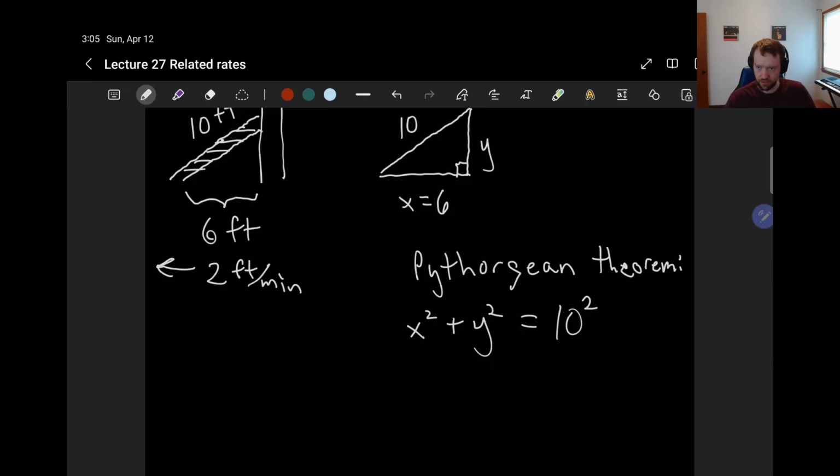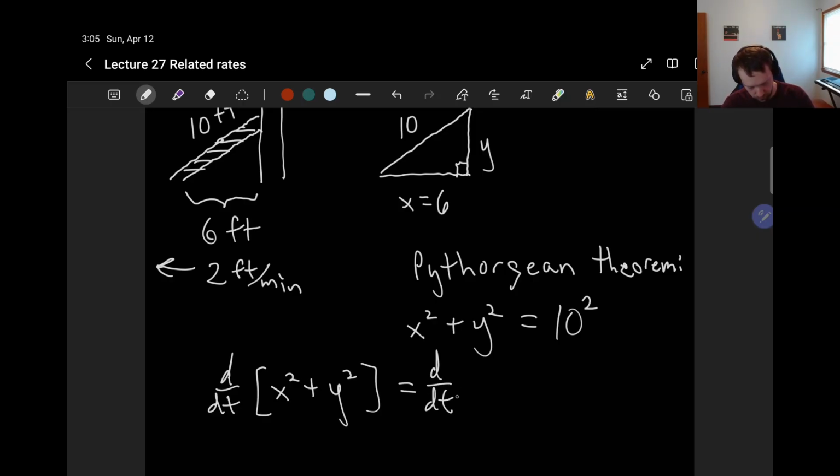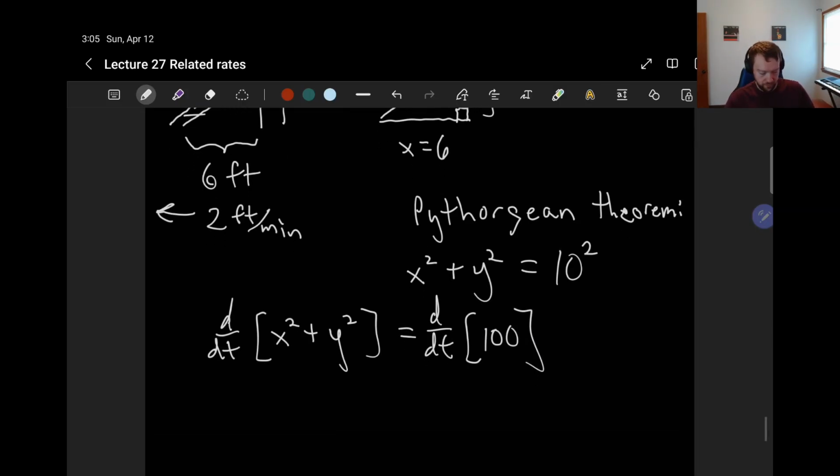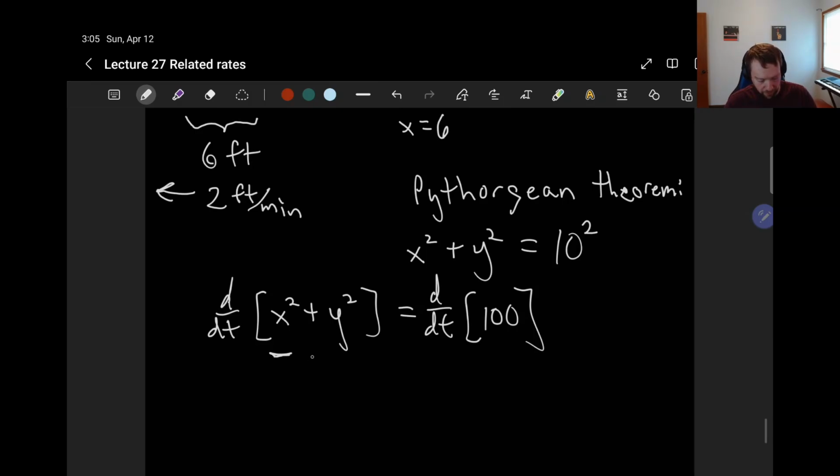And let's find the rates by taking the derivative of both sides with respect to time. And 10 squared is 100. Remember, for both of these, we're going to have to multiply by some derivative because of implicit differentiation.